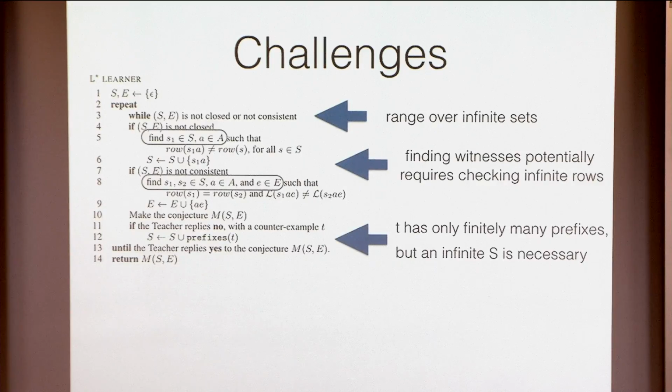And the counterexample you get from the teacher, so we're still assuming the teacher is a very concrete entity, is a concrete counterexample with concrete letters, so not symbolic. It is a finite word, so it will only have finite prefixes.